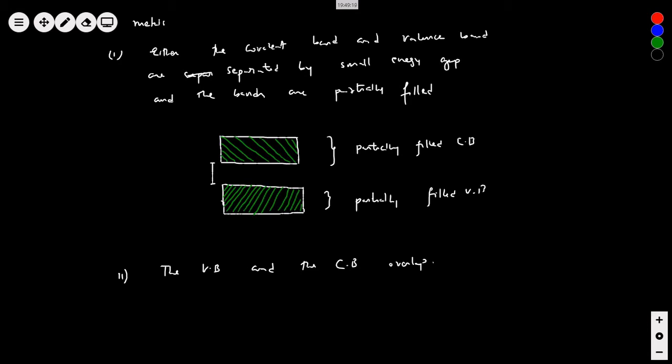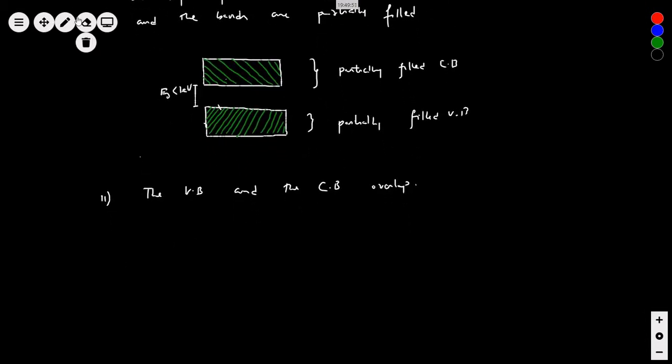Similarly, in the first case also, as the gap is very small, Eg less than 1 eV, an electron in the valence band can easily jump to the conduction band, and when an electron loses some energy it can easily fall back to the valence band. So a mutual sharing can always happen easily because of the low energy gap. So metals can be easily classified based on this. We'll talk about the conductivity later in case of semiconductors.